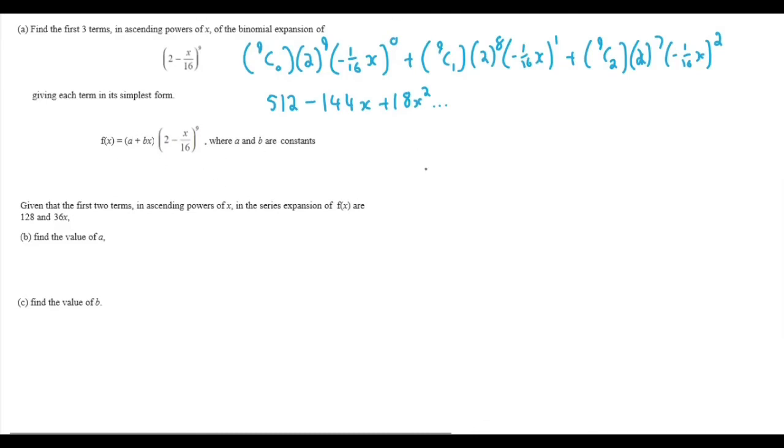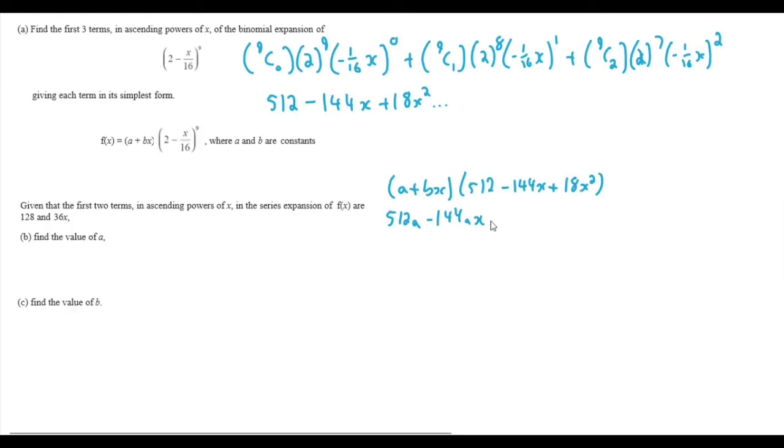If we just dealt with that over here, I'll just rewrite it out again, so a plus bx, and that's times the 512 minus 144x plus 18x squared. Timesing this out, so a times the 512 gives us 512a, so basically a times each of these terms, so you get minus 144ax and plus 18ax squared.